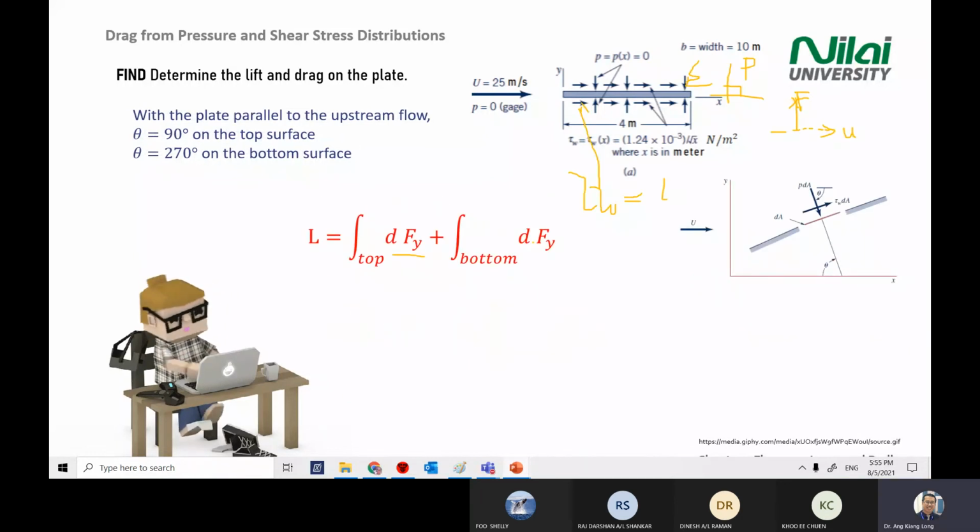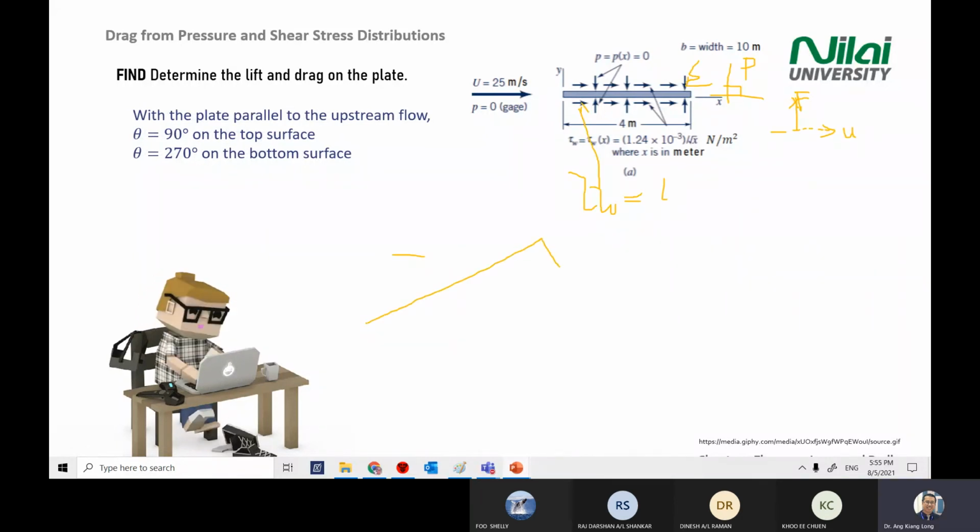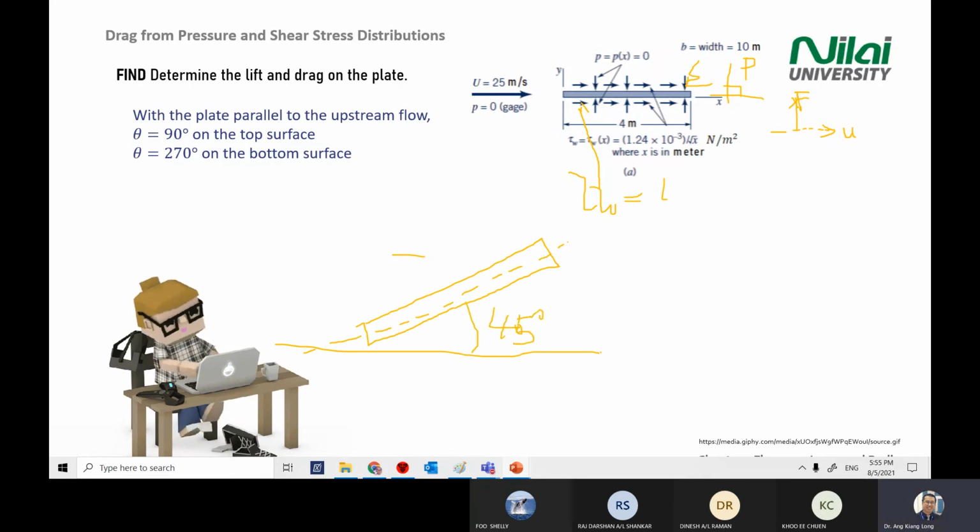Or in other cases, if in the exam you're given this hybrid condition where you have a 45-degree angle from the x-axis or the U direction, then when you calculate lift and drag, you need to be careful when you combine pressure and wall shear stress in a particular direction.